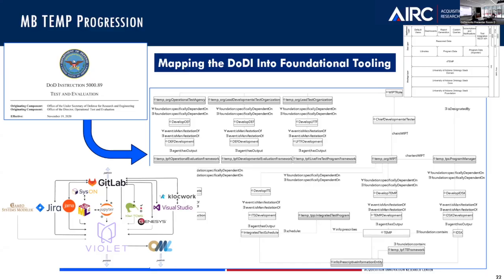You can see how things like the IDSK and the actual TEMP are dependent on each other. If I'm reading this right, it's basically saying that the TEMP contains the IDSK. Interesting.